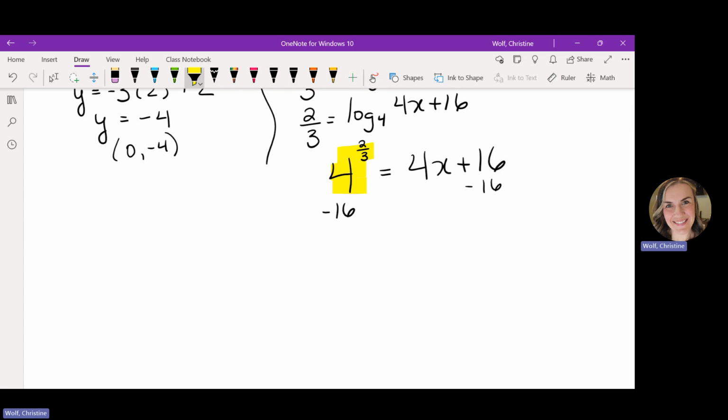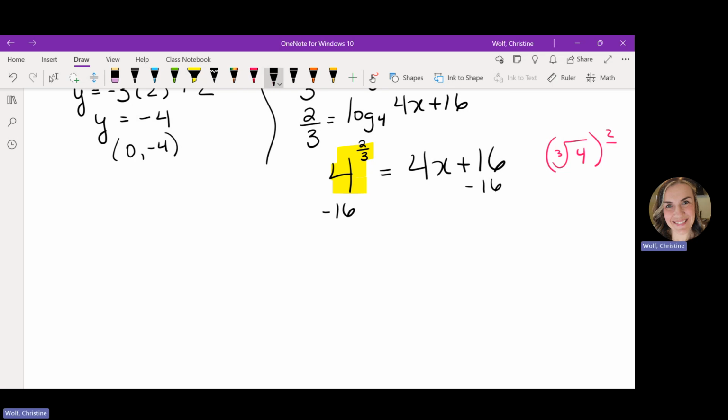This is where you can use your calculator, because this means the cube root of 4 squared. Well, 4 doesn't have a cube root that we can see, right? We have to find the decimal then. We have no other option. So on your calculator, you're going to take the cube root of 4. You're going to get a decimal, leave the decimal, but then square the decimal after.